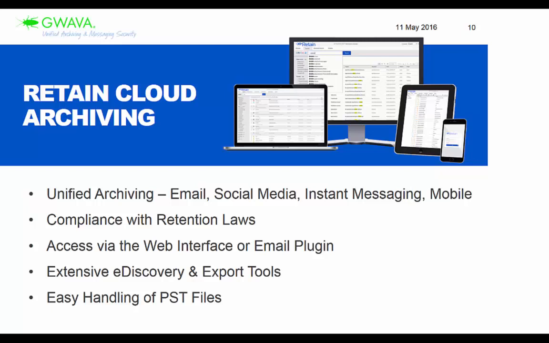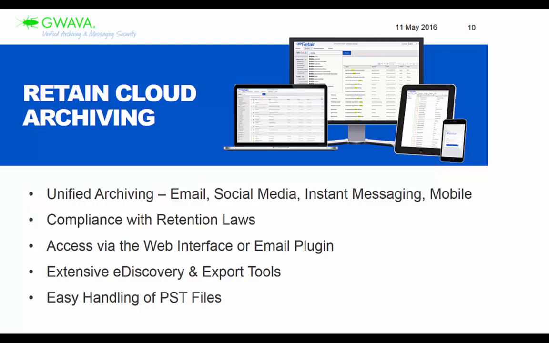And then with Google Vault in particular, there are some issues when it comes to restoring emails to the live inbox. We talked a little bit about that, right? With Retain, you have the ability to restore a message directly to the live system, whether that's directly onto Gmail.